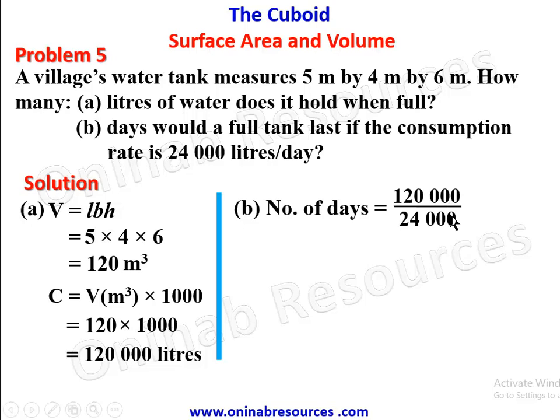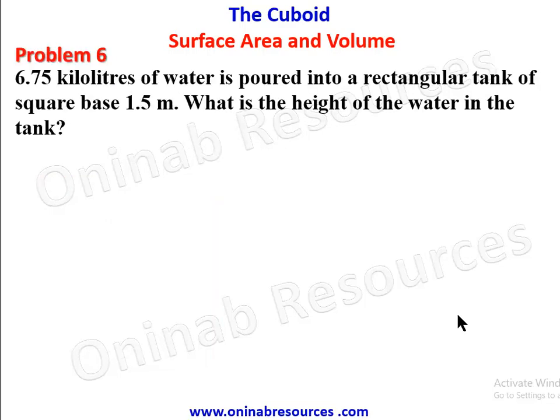So the three zeros here cancel the three zeros here. 120 divided by 24, so we have it as 5 days. So it will take the village 5 days to finish using the water in the tank when it is full. That's reasonable. So we go to problem 6.